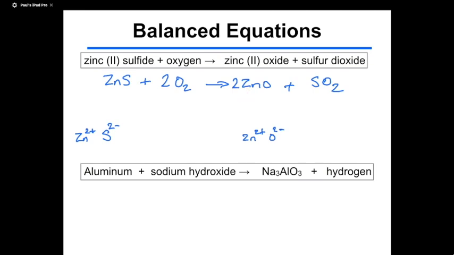So now if I put a 2 here, I got zincs, right? But now I have what? How many S's? 2. Can I do a 2 here? Oh, yeah. But what does that do to me? It moves the oxygen. Oh, my goodness.